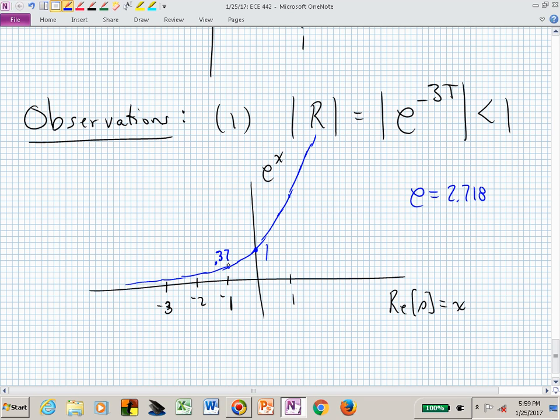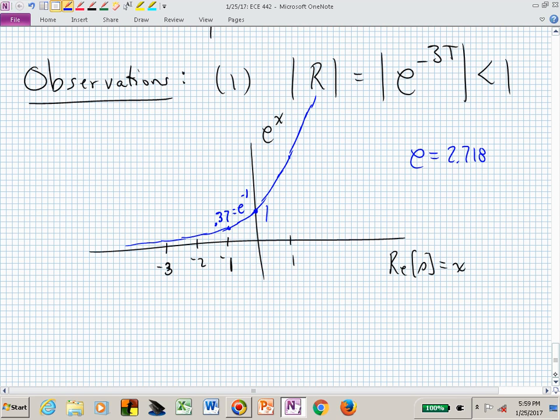But that point, e to the minus 1, is 0.37. What do we have? Well, if we had a negative exponent, or if we are in the left half complex S-plane, where is that blue curve relative to a value of 1? It's always below 1, isn't it? It has a magnitude less than 1 if we have a negative exponent.